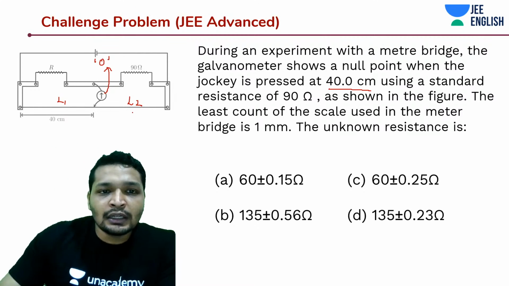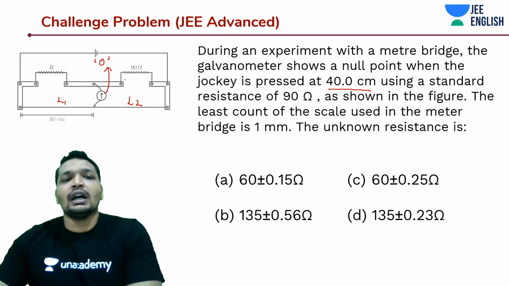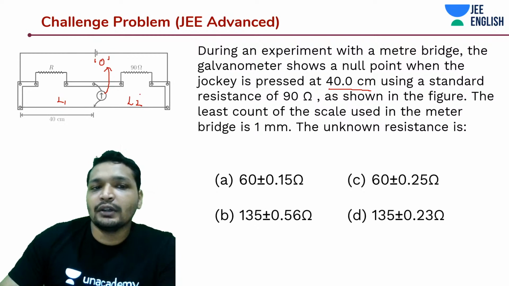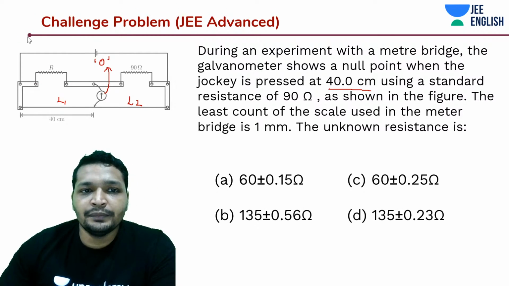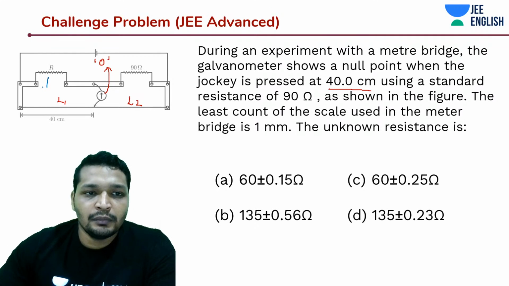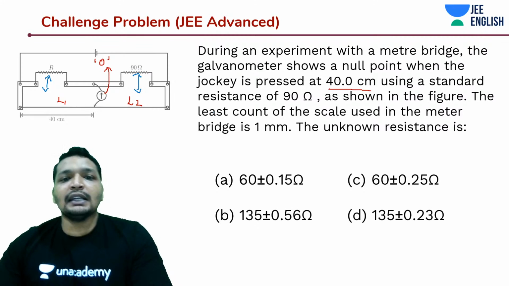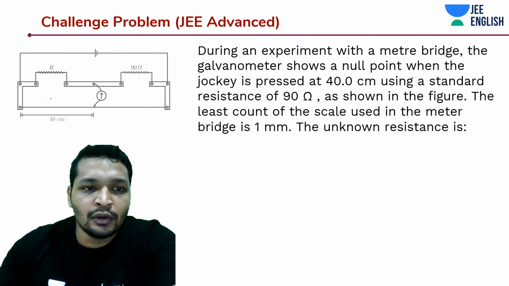If it is L1 and L2, and if this is resistance R and 90 ohms, then you would say R divided by 90 is nothing but L1 by L2. The ratio of these two would be equal. Okay, that is all about your meter bridge. This was a typical question asked in JEE Advanced. So now, what to do?